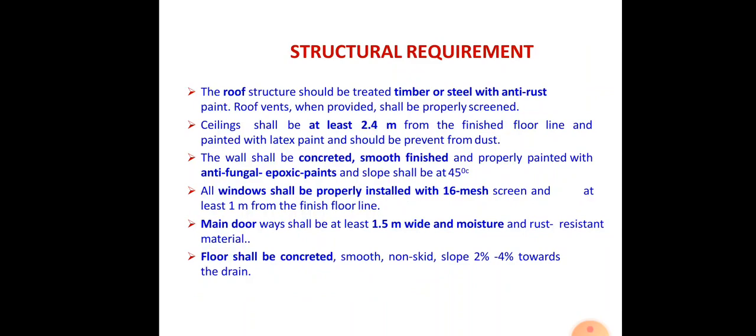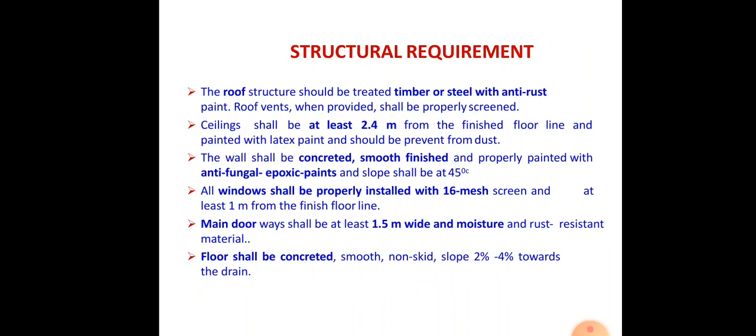Now the structural requirements of the plant tissue culture lab. The roof should be timber or steel with anti rust paint, and the ceiling must be at least 2.4 meters from the finished floor line.